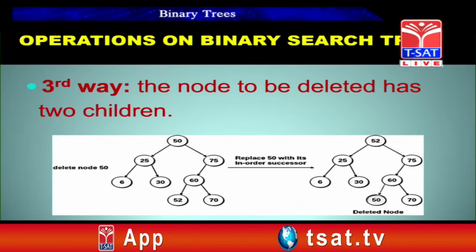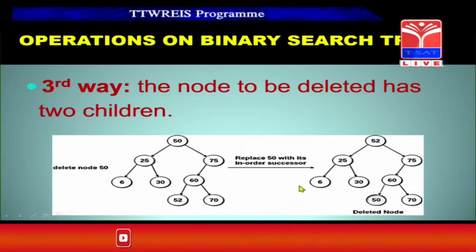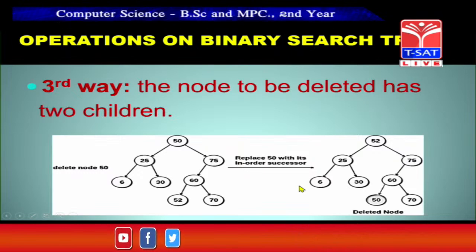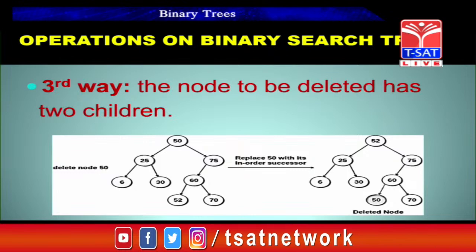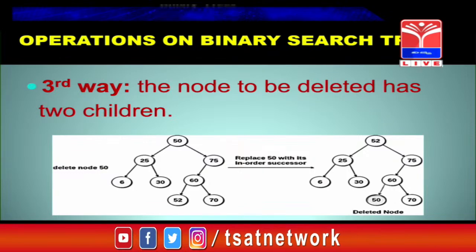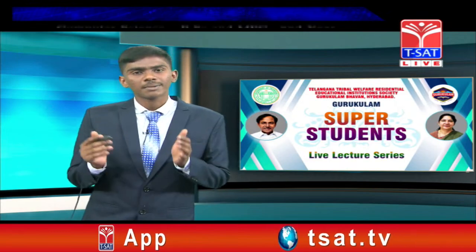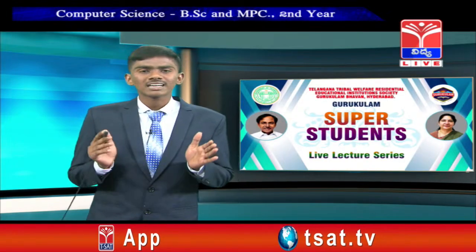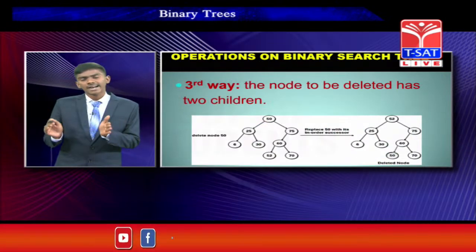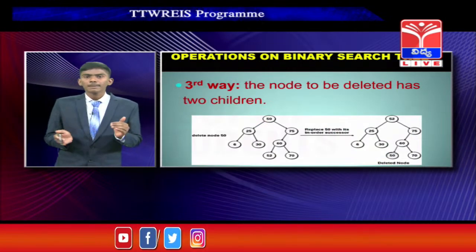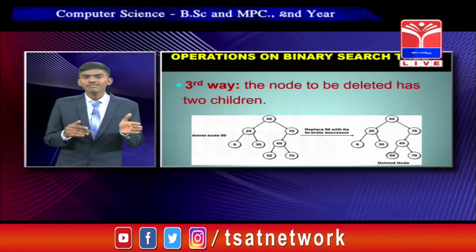Now coming to the third way. In the third way, we delete a node with 2 children. While deleting a node with 2 children, we must replace that node with its in-order successor or in-order predecessor. In-order successor means the minimum value of its right subtree. In-order predecessor means the highest value of its left subtree.